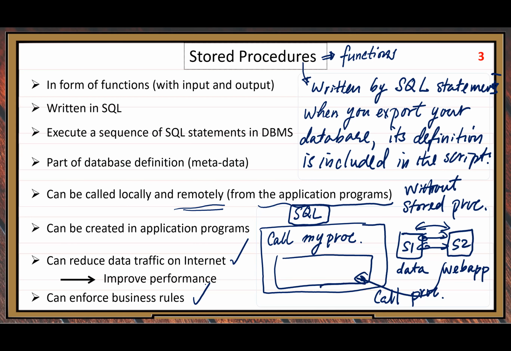If I do not use a stored procedure and I write it in Java, but in PHP I want to use the same data processing task, I need to write it in PHP. Then if I move to Python, I need to write the same business task in Python. But if you have one version of the stored procedure, then you move to all different programming languages, you just call that. You don't need to rewrite the code. The same SQL code, you can call from all those different servers. So that's another scenario.